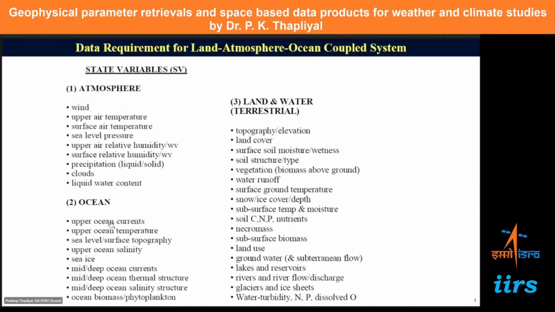Similarly, for oceanic parameters, you have ocean currents, upper ocean temperature, that is sea surface temperature, sea level topography, upper ocean salinity, sea ice, and various other parameters over the ocean. And then similarly over land, you need topography or elevation, land cover and land type, surface soil moisture or soil wetness, soil structure, vegetation cover, water runoff, and various other parameters which you can see from this list here.